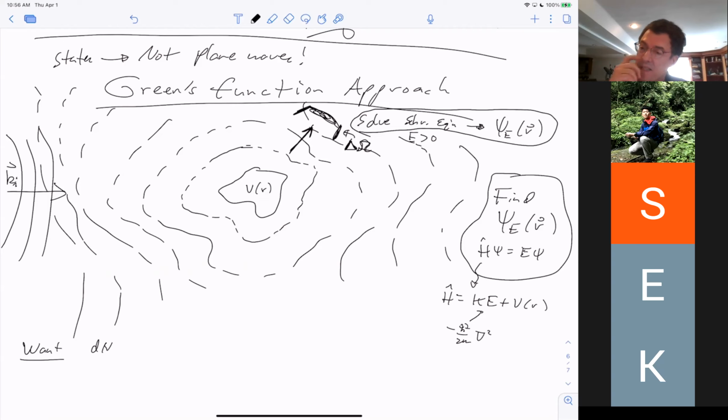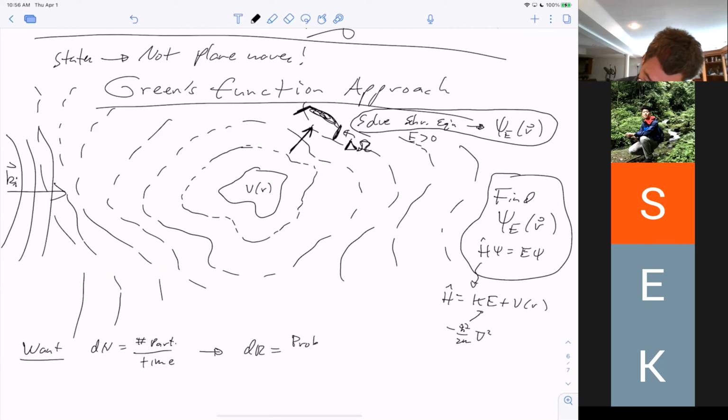The reason it's not right is because this is a time-dependent process. What we want is dN, the number of particles per time. In quantum mechanics, it's dR, which is the probability per time. What you told me was the probability, psi star psi.